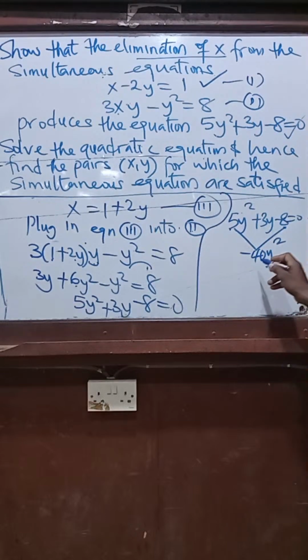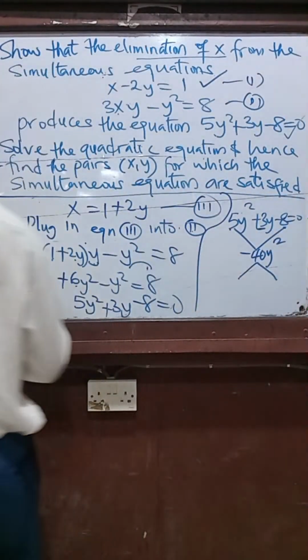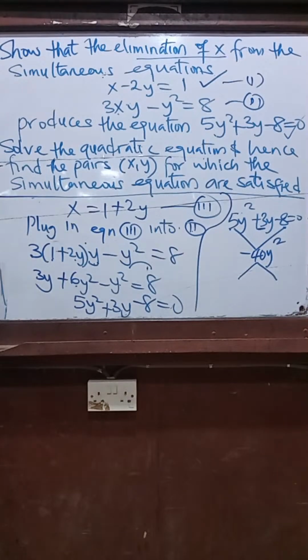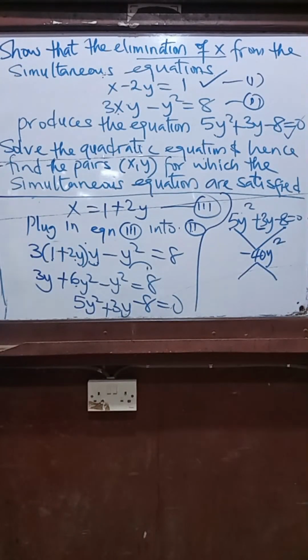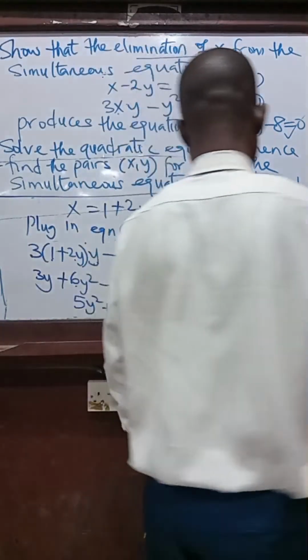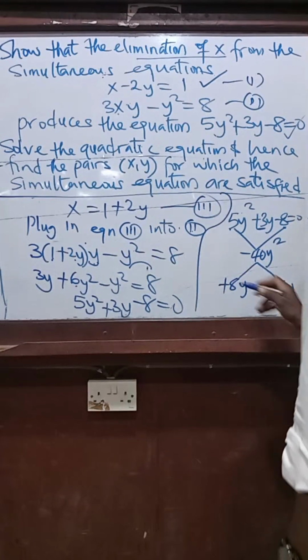We need two factors of 40 that can generate plus 3. We can use 10 and 4, but 10 and 4 cannot give us 3. 8 and 5, that's what we're going to use. That will be plus 8 minus 5.